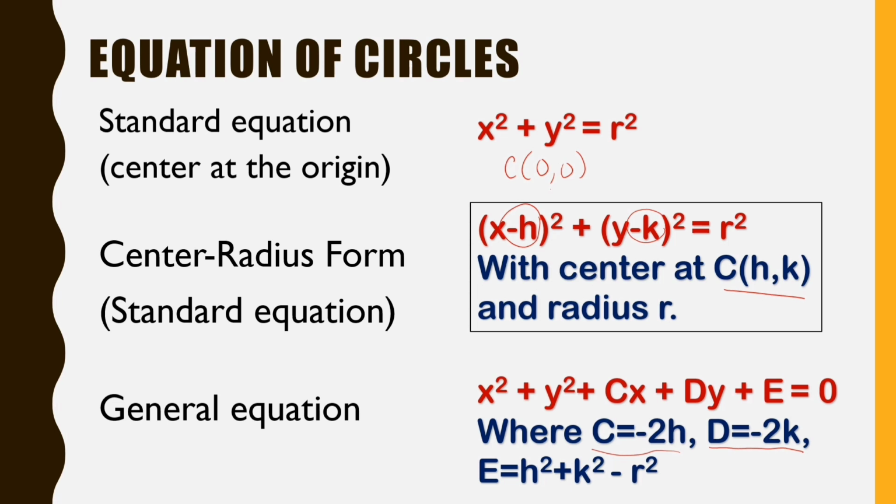So h is equal to c divided by negative 2, and k is equal to d divided by negative 2.